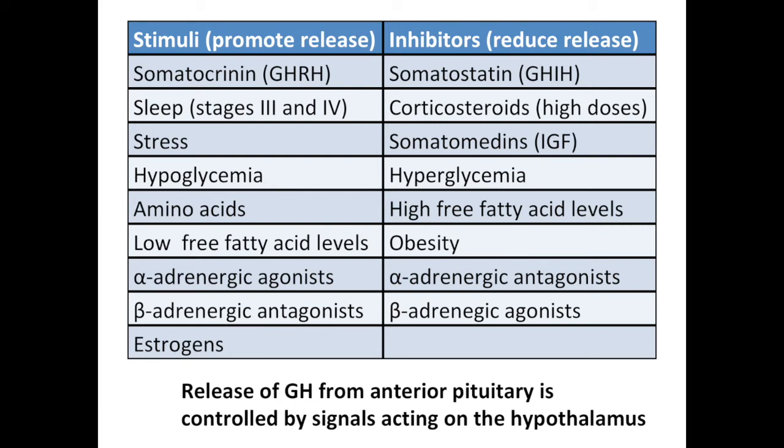Its inhibitors then are somatostatin, corticosteroids, and the well-fed state inhibits growth hormone release, like hyperglycemia and high free fatty acid levels. People who suffer from obesity generally have lower circulating levels of growth hormone, and so on.